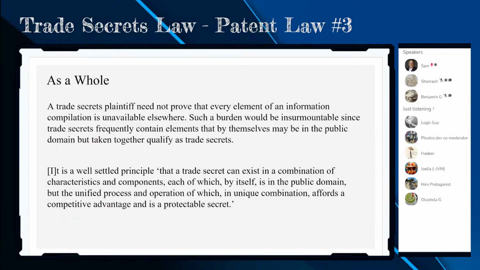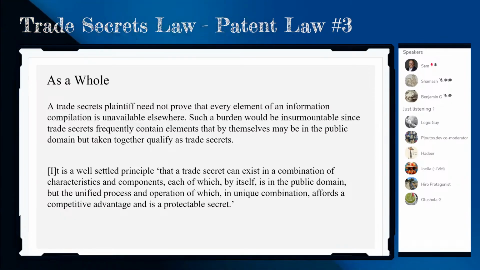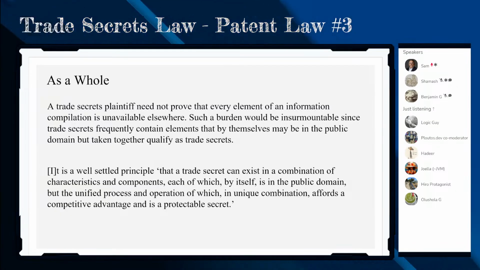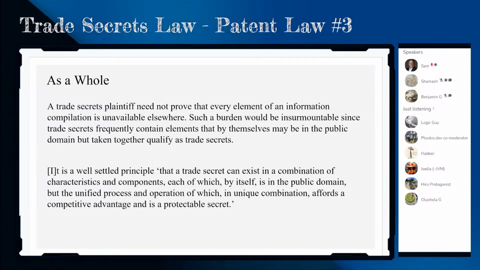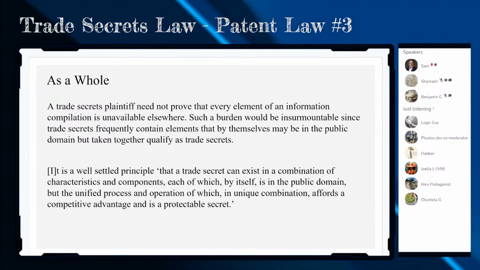That is, your trade secret is the specific combination of known information. And so when we get to patent law, you'll see that that is also a thing of patentability, that if you are putting known components together, you could in fact make a new and patentable invention.